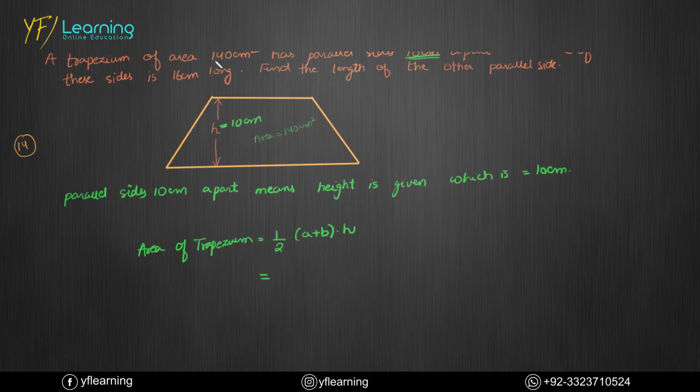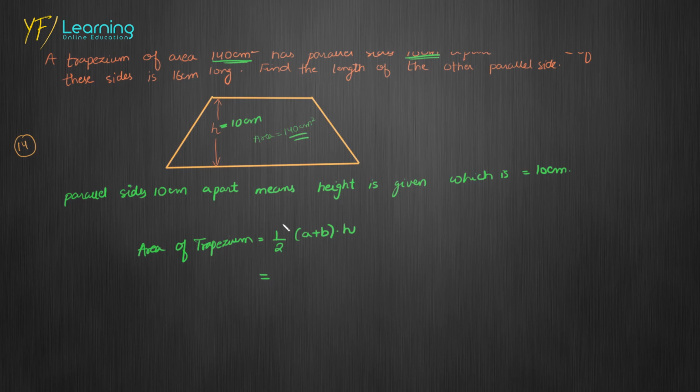Area is also given and it is 140 cm square. We need to calculate the value of the other side. One of these sides is 16 cm long, so one side is also given.